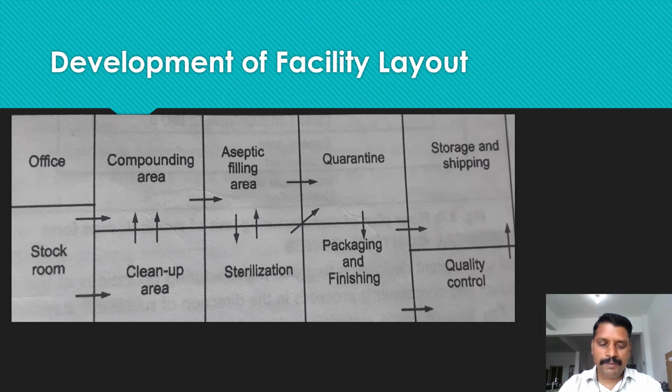The design of a parenteral facility requires careful attention to a variety of environmental parameters or factors such as site selection, which is very important, then area planning, design and construction features of the pharmaceutical industry, then traffic flow of personnel and the service features.